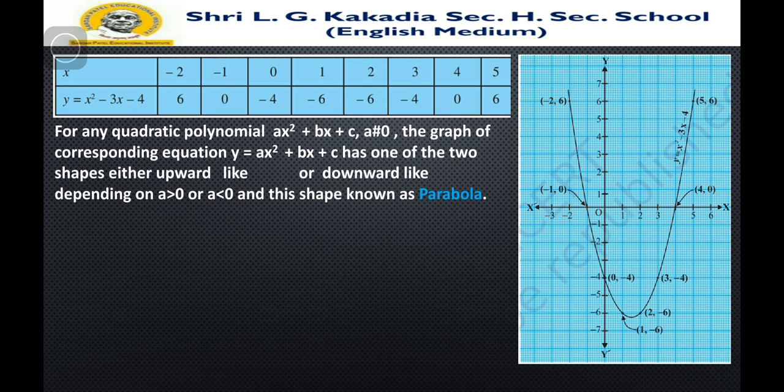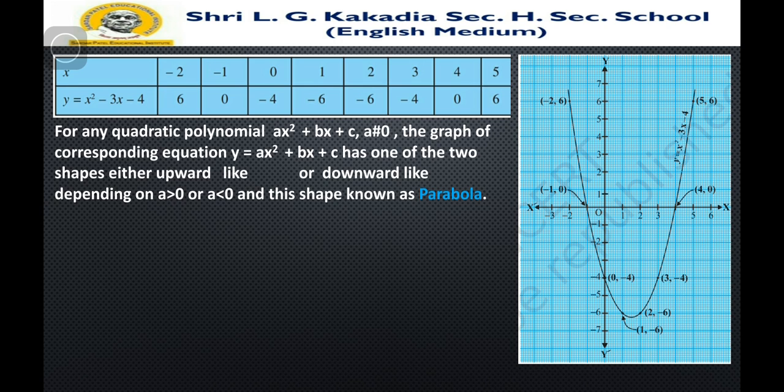For any quadratic polynomial ax square plus bx plus c, where a does not equal 0, the graph of the corresponding equation y is equal to ax square plus bx plus c has one of two shapes.